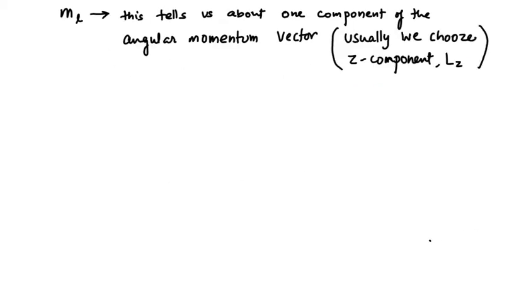The magnetic quantum number tells us about one component of the angular momentum vector, and usually we choose the z component, Lz. Here, Lz equals m_l h cross. m_l can take values 0, plus minus 1, plus minus 2, and so on up to plus minus l.